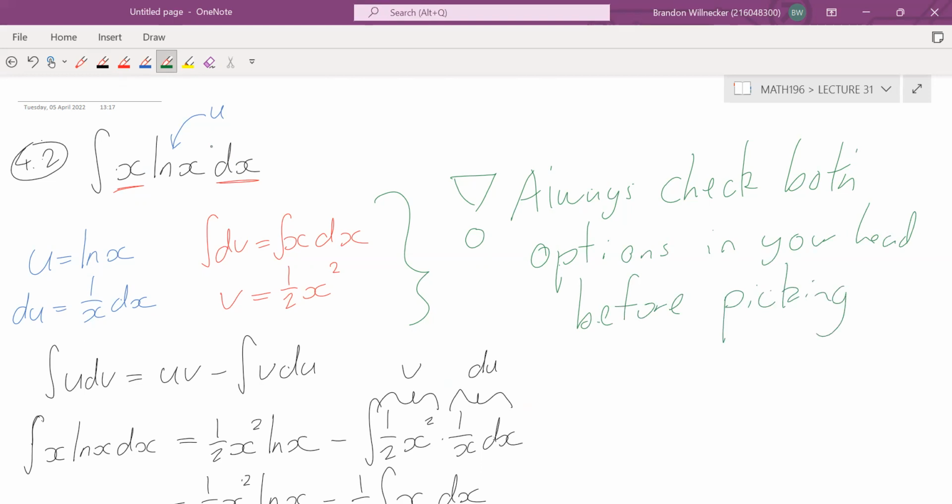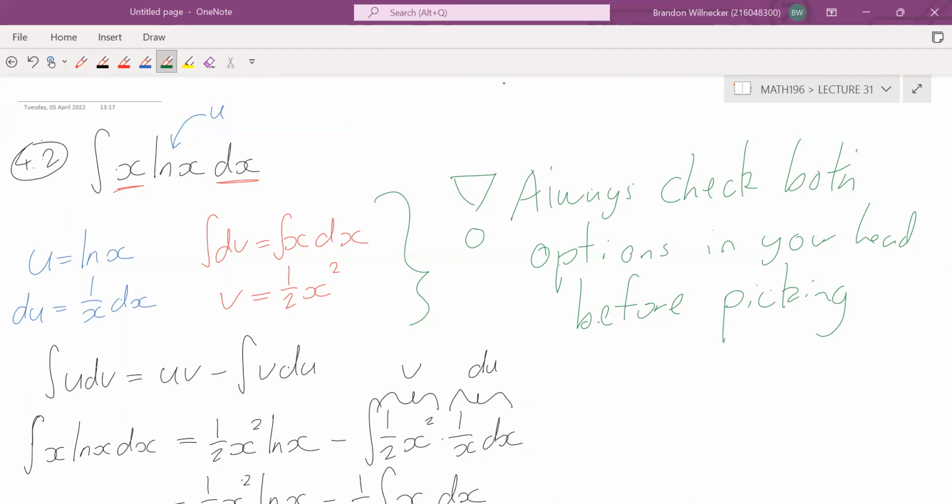So in this case, if you just say u is equal to x and dv equals natural log of x, it's doable, but then you're going to have to integrate the natural log of x. And that's extra work that you don't need to do. But if we do it the other way, and we say u is the natural log of x and dv is x dx, you see how much easier it is. So just keep that in mind. Check both options in your head. So just quickly do the derivative in your head to see which one is easier for you. Because maybe if you pick the other option, that's a lot more work for you to do.